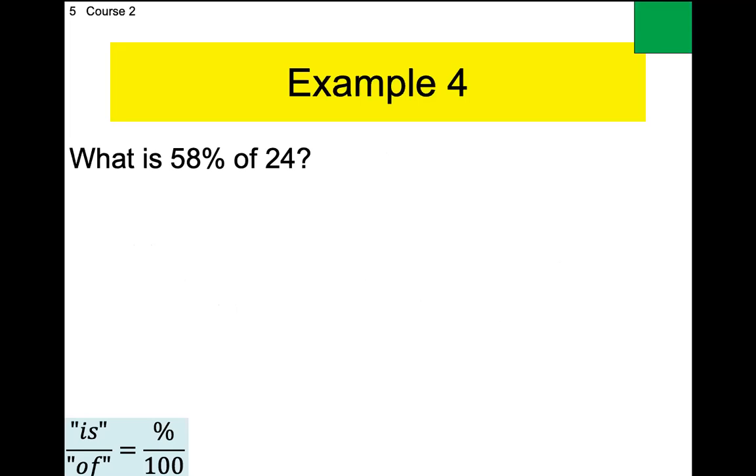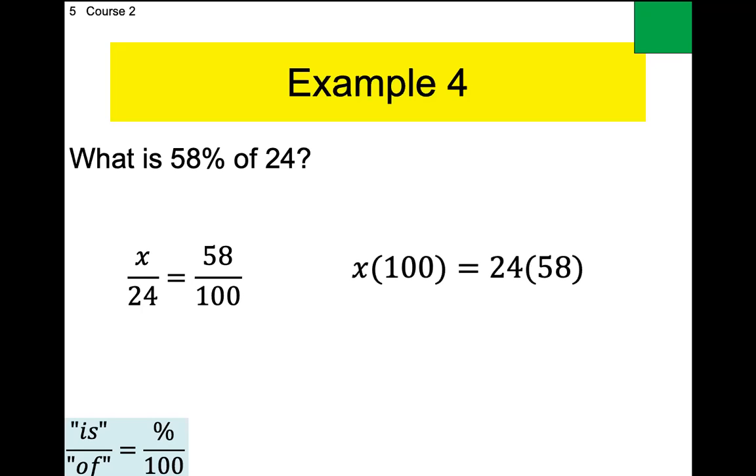What is 58% of 24? Let's see. Of goes on the bottom. Percent goes where the percent symbol is. And I cross multiply. 24 times 58 is equal to X times 100.